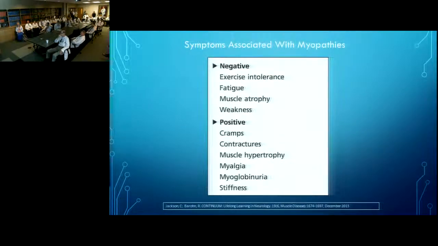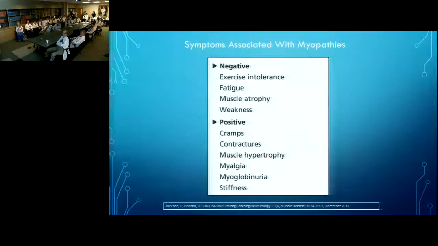Fatigue is another negative symptom that can be reported by patients with myopathy. However, it's very nonspecific, and it commonly occurs as a result of patients' overall health, maybe cardiorespiratory status, sleep problems, or level of conditioning.